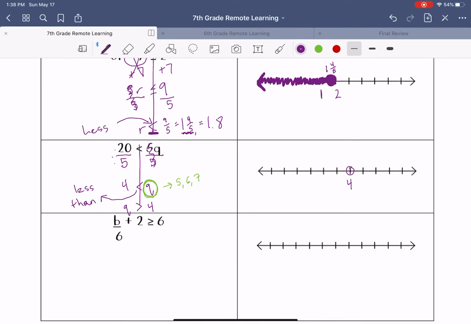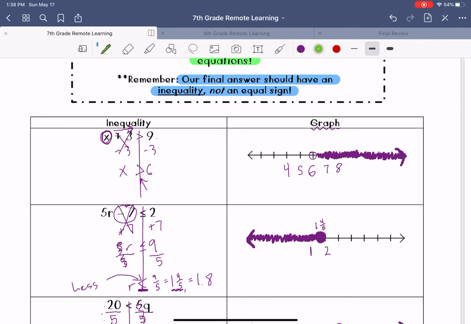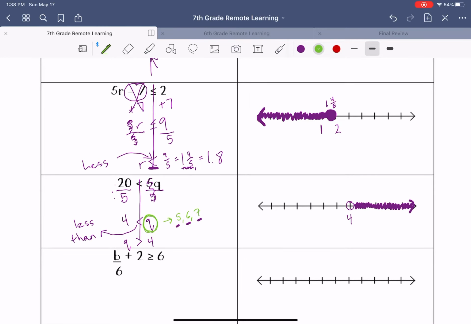Okay, so we want to pay attention to where our variable shows up and think about, okay, where are solutions actually going to be? And in this case, since q can be 5, 6, and 7, to make this work, we're going to shade to the right to our bigger numbers because that's where 5, 6, and 7 are going to be.